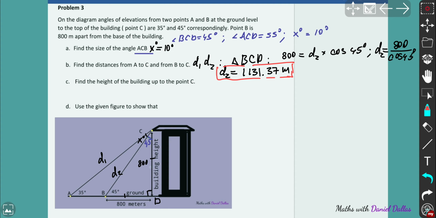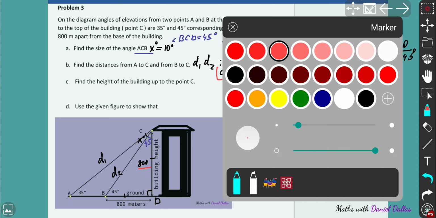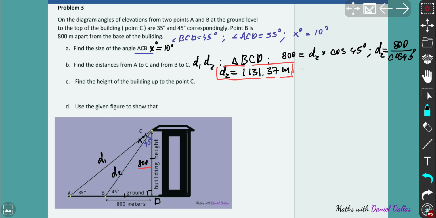Okay, so what about D1? We also can figure it out, because we found that the height is 800 meters, due to the isosceles triangle. So we can use the big triangle ACD. So from triangle ACD we can figure out D1 in the same manner.